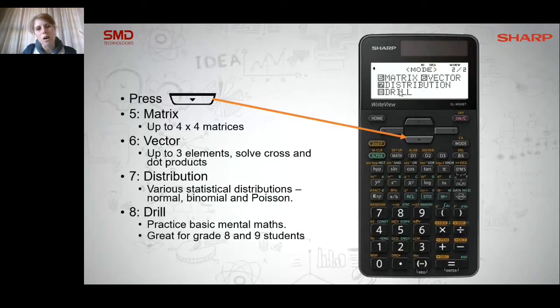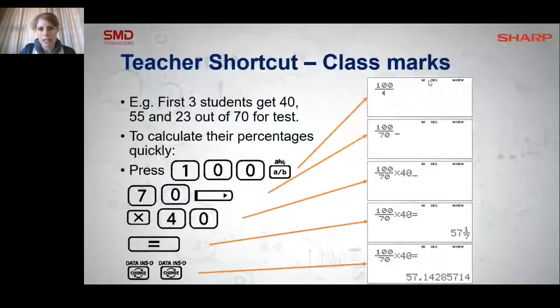What it does is it asks basic mental maths questions, and then the students have to answer the questions. If they get it right, they get a tick. If they get it wrong, it marks it wrong and repeats the question again. And it's very patient. It's going to keep asking until they get it right. And then at the end, of course, you will see a mark and a percentage as well.